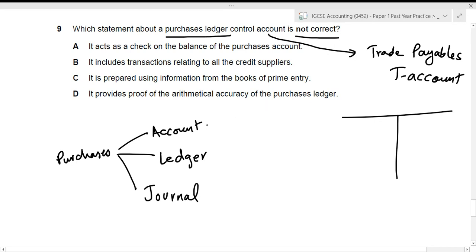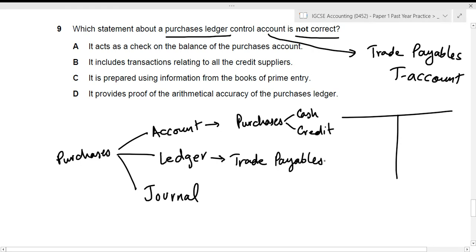Purchases account has purchases in it, either cash purchases or credit purchases, which is just the purchases figure. And ledger is actually trade payables or accounts payable. And journal is actually credit purchases only.